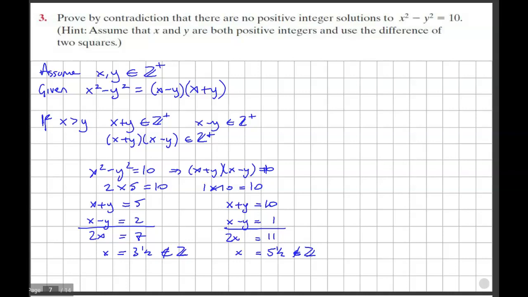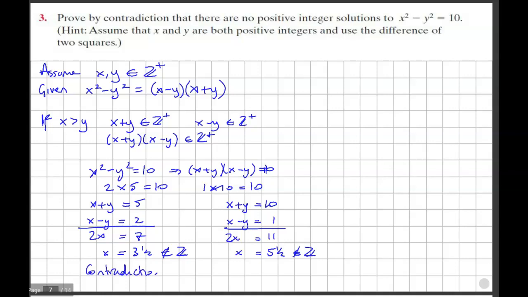So we've just effectively shown that for two positive integer values x and y, if I'm assuming that they do exist and that they can go into x squared minus y squared equals 10, I actually find that I've just contradicted myself.